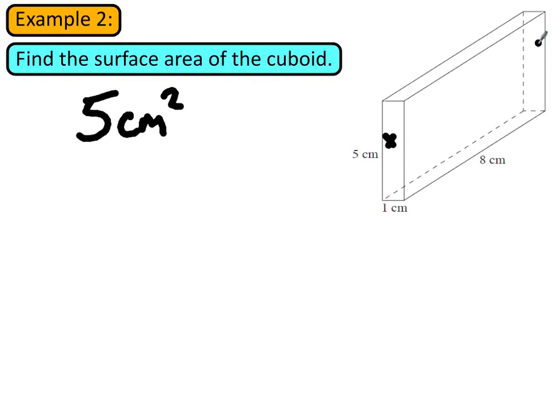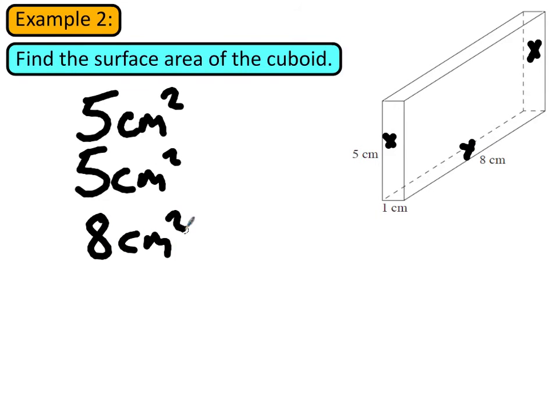It also has this other side exactly the same opposing it, so we've got another 5 centimeters squared on that side. Now if we look at the base here, that's going to be 1 by 8, so 1 times 8 is 8 centimeters squared, and the top is exactly the same, so that's going to be another 8 centimeters squared.